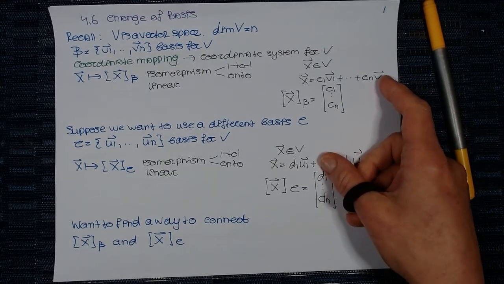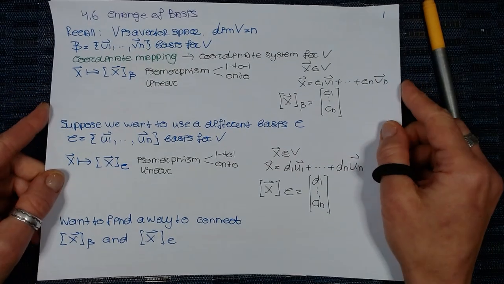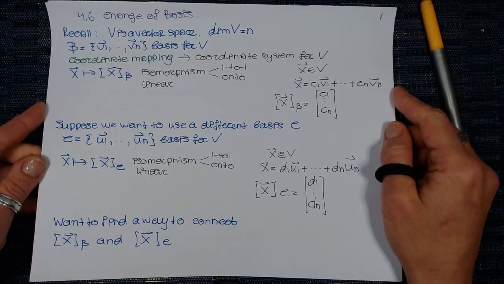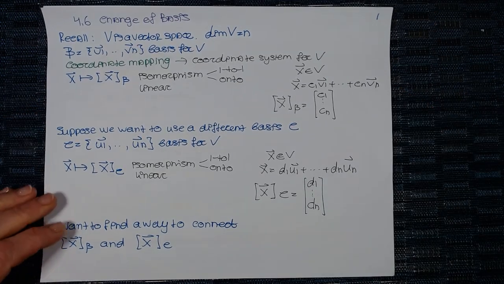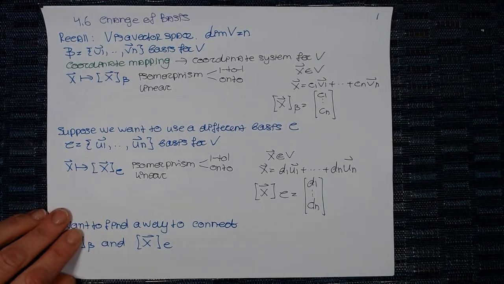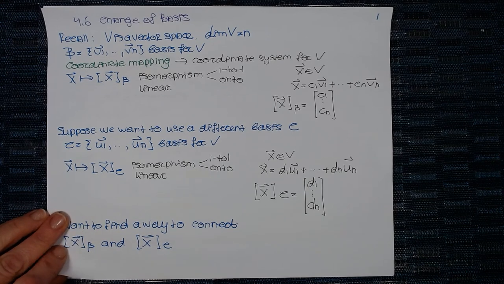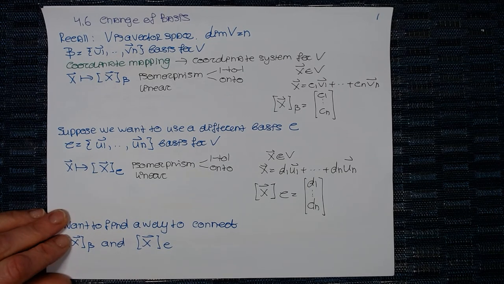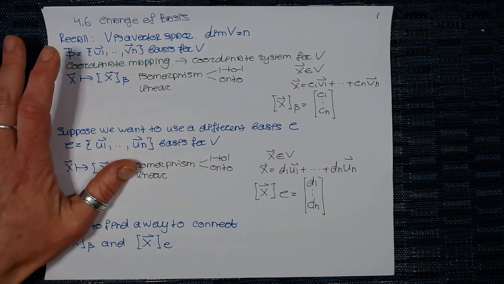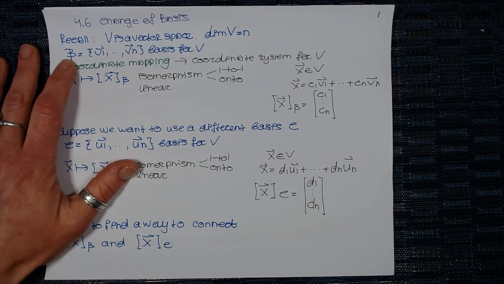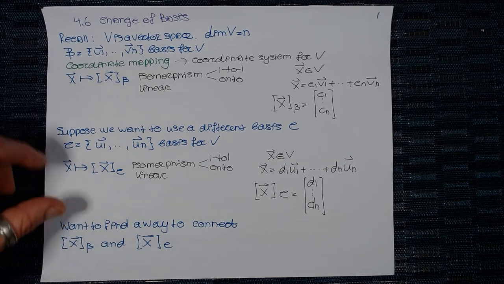In the next video, we're going to do chapter 4.6, which we haven't done before. 4.6 will be the last section in chapter 4. We will talk about how to change bases: if I have a vector x expressed in terms of coordinates in one basis, what if I want to convert this into a different basis?